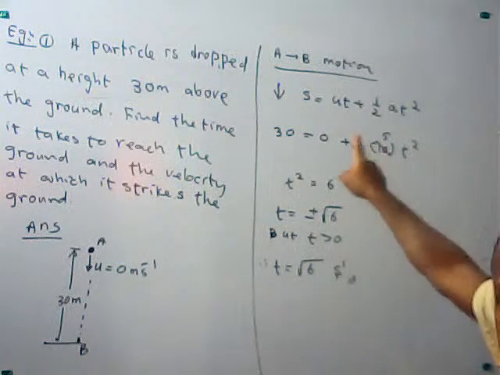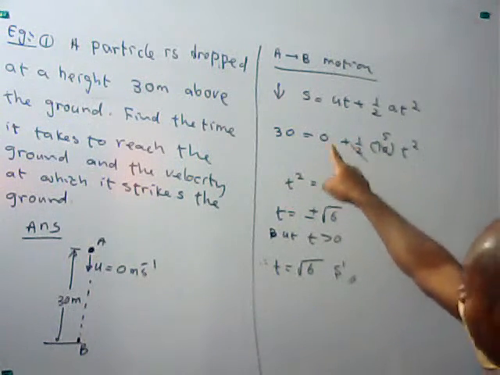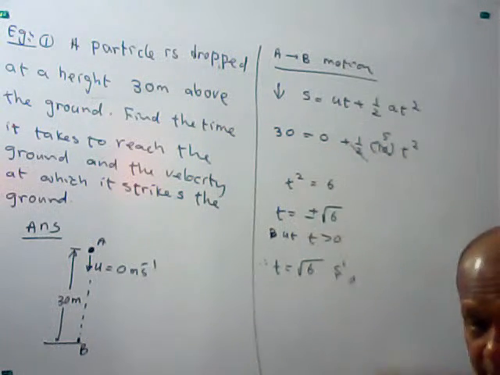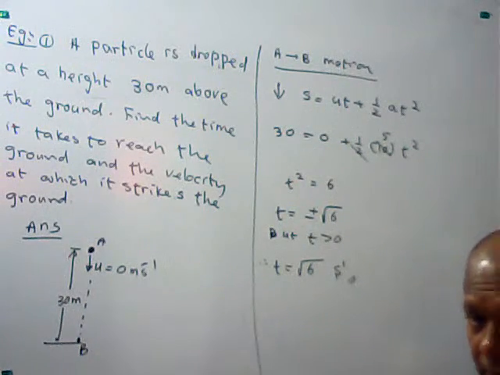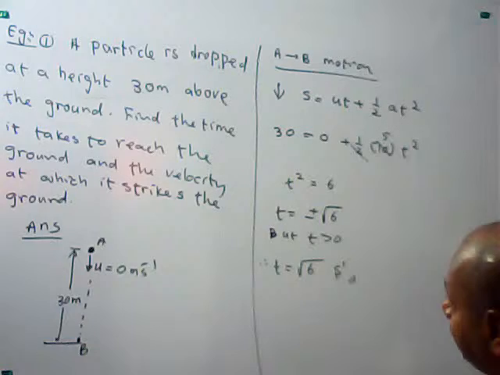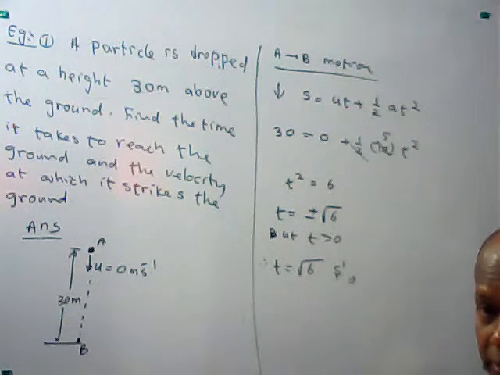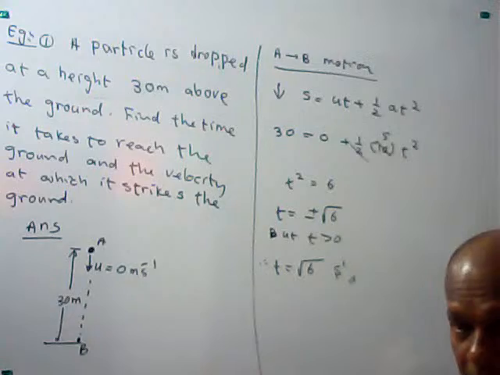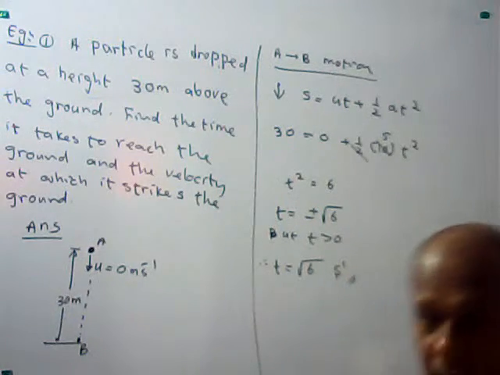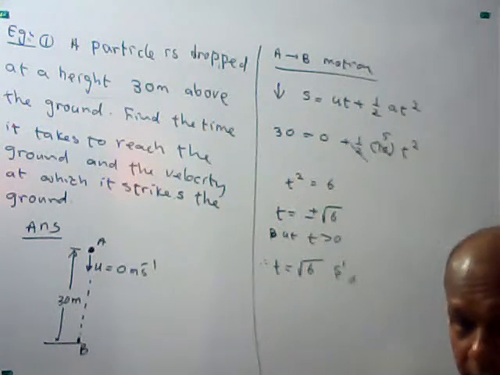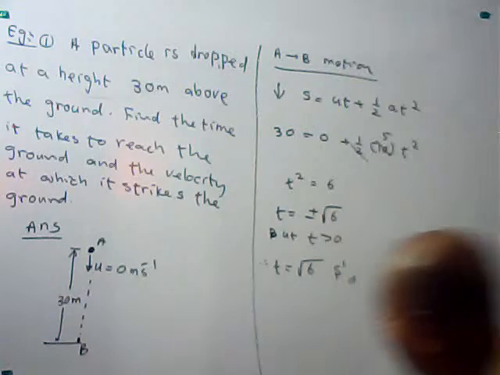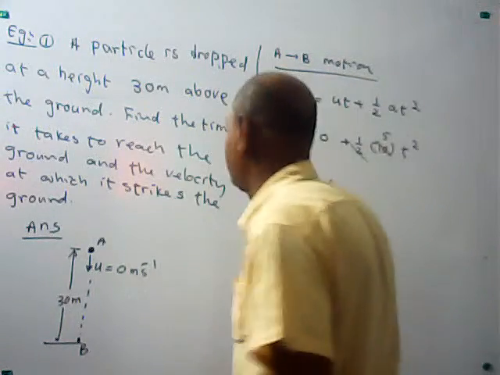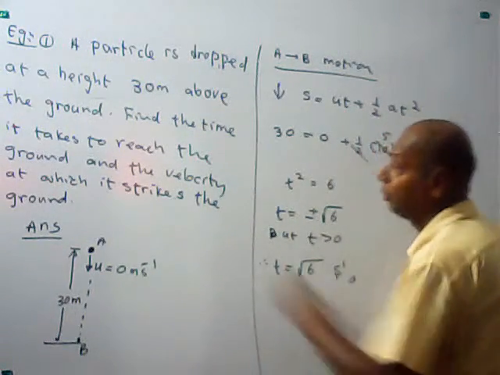You have to show the direction in which you are applying the formula, right? You have to mention it. It is necessary. If we apply upwards, things will change, right? Right now, you need to find the velocity.